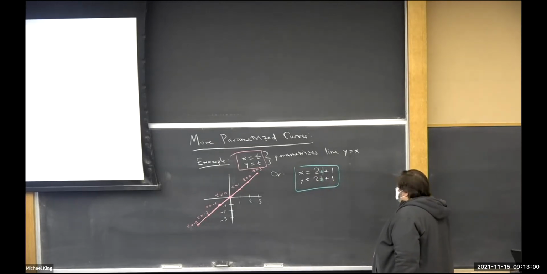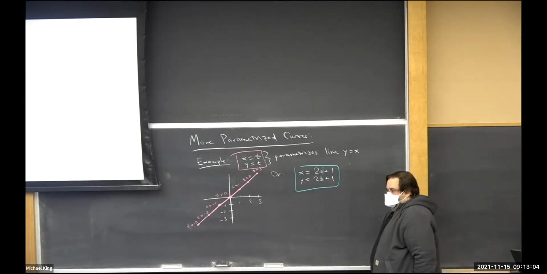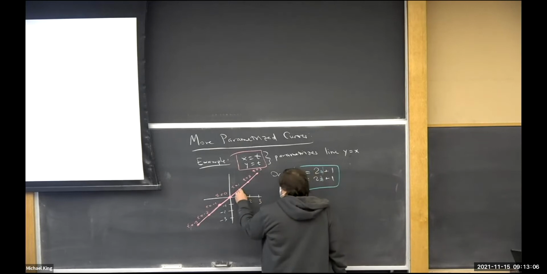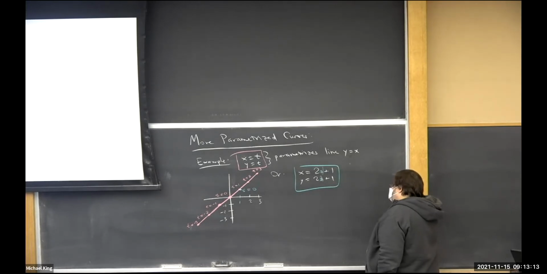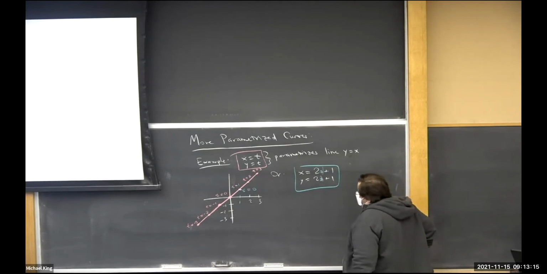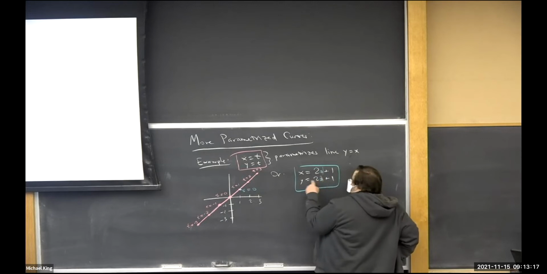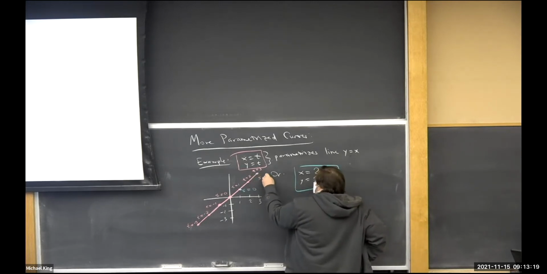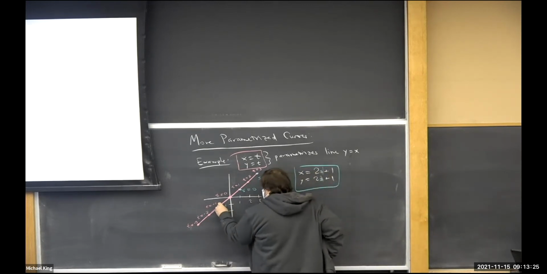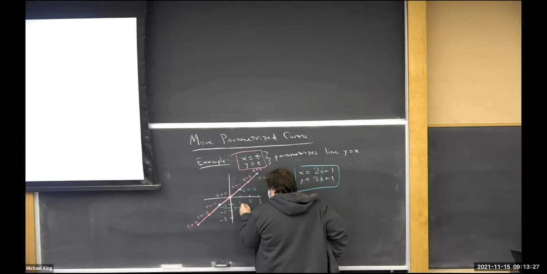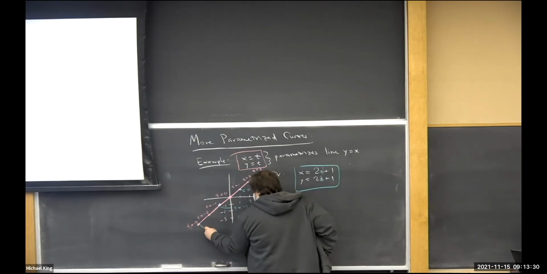Now where is s equals 0? It's at the same place as t equals 1, right? Where's s equals 1? Up here. S equals -1: when you plug in -1, you get -2 plus 1, so s equals -1 is down here. And then s equals -2.